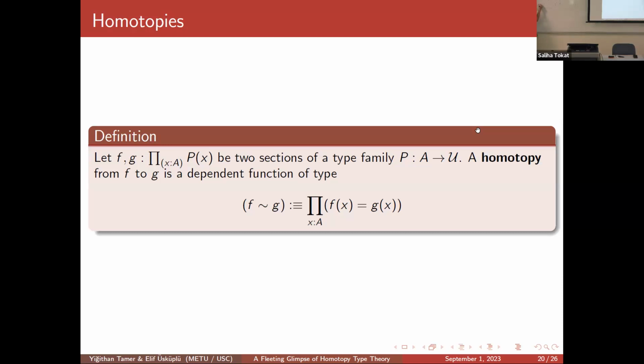This is F of A, this is G of A, and at each point you are supplying a path between them. So a path between F of A and G of A. If you have an element of this type, then you basically have a homotopy from F to G.